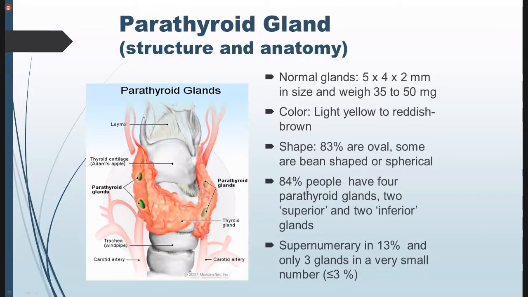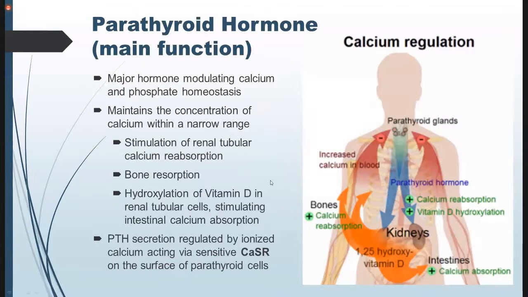And 84% of the people have 4 glands. 2 of them lie in the superior poles of the thyroid lobes, and 2 of them lie in the inferior poles. But sometimes there can be extra parathyroid glands, then it is called supernumerary, in 13%. And sometimes there can be a smaller number of parathyroid glands, so only 3 glands are found in some people, which is very rare.